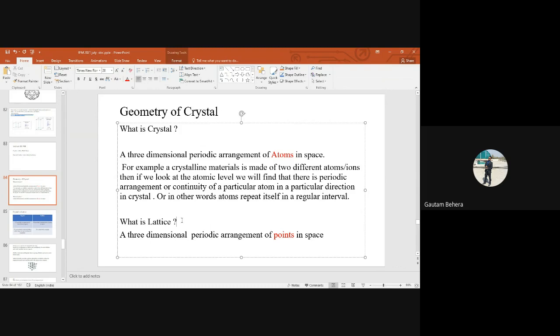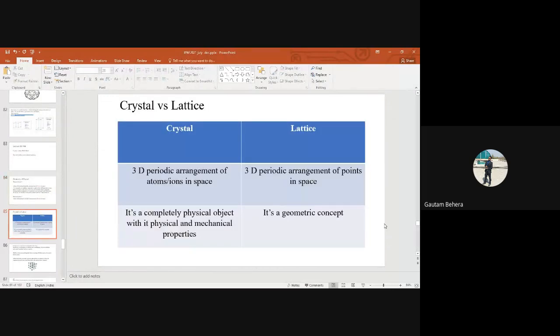Then what is a lattice? A lattice is nothing but a 3-dimensional periodic arrangement of points in space. So again, a lattice is also in 3 dimensions, but it is a periodic arrangement of points in space. So these are atoms, and here these are points. Now, what is the difference between crystal and lattice? A lattice is a 3-dimensional periodic arrangement of points in space.